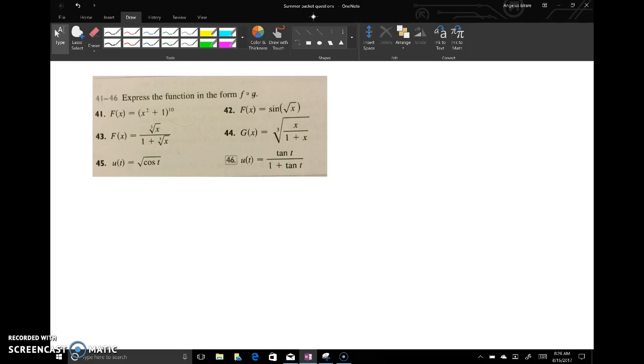Now for 41 through 46, this is compositions of functions. And really all they're asking is they've already done the composition of functions and they want you to express each thing as a composition of functions. So let me give you an example.